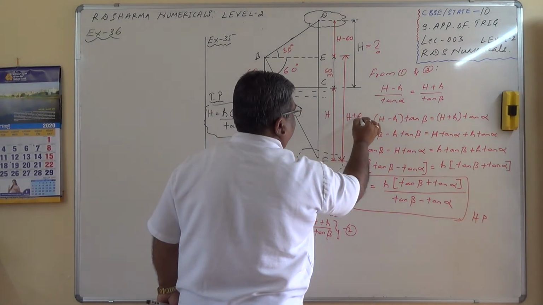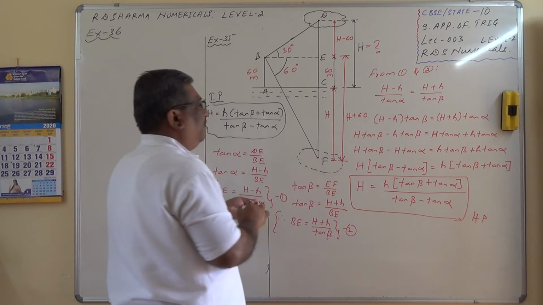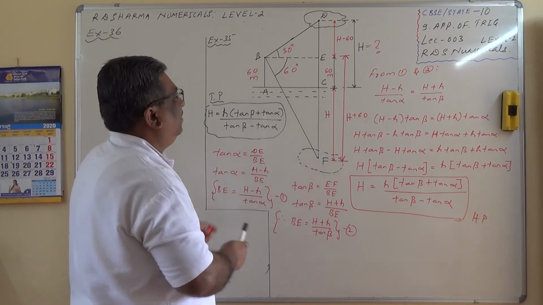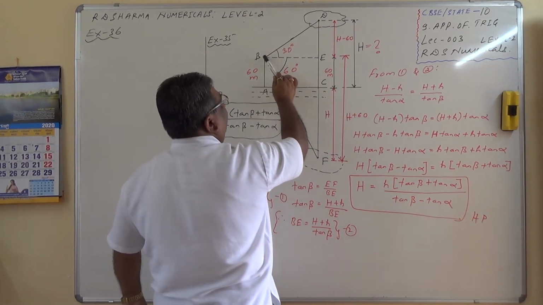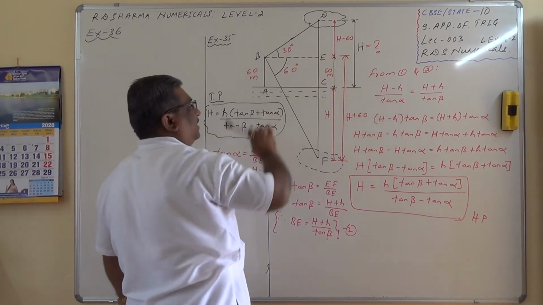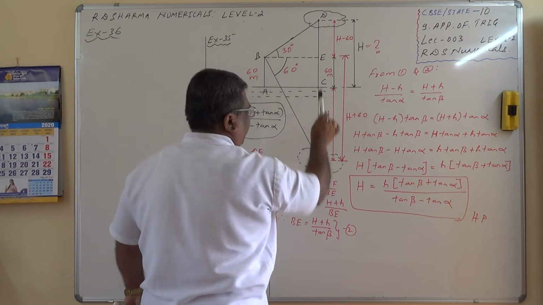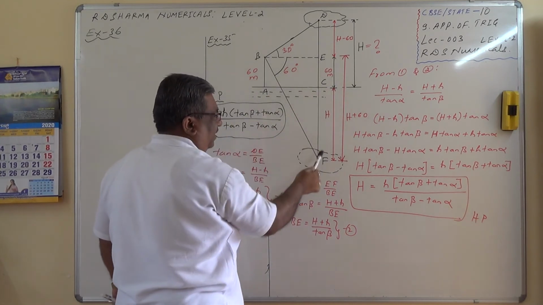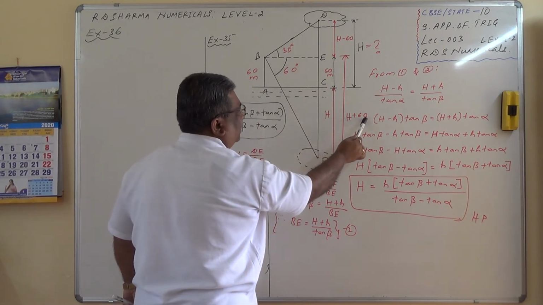So dear students, in triangle BED I have got H minus 60 as the opposite side. In triangle BEF, the opposite side EF is H plus 60.